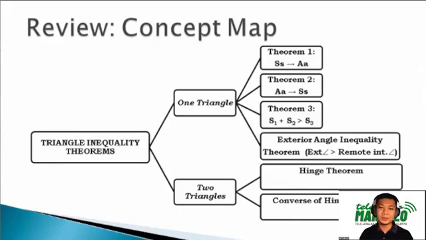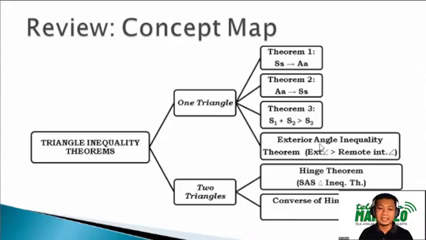Going back to our two triangle inequalities, first one is the hinge theorem. The hinge theorem, or also known as the SAS triangle inequality theorem, states that if two sides of a triangle are congruent to two sides of another triangle, and the included angle of the first is larger than the included angle of the second, then the third side of the first triangle is longer than the third side of the second triangle.